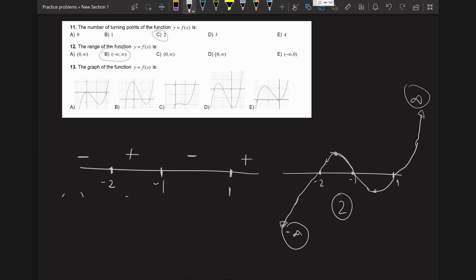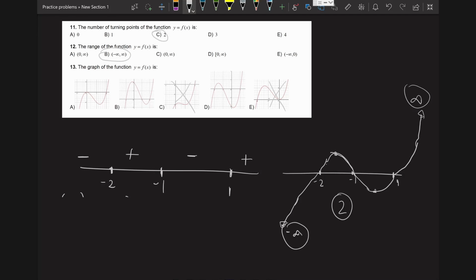And question 13, we already kind of solved it. And I'm just going to eliminate why some of these are wrong. So this one is wrong, E, because it's not hitting 0 at negative 1. So that can't be right. This one, it's only hitting 0 at 2, but it's not hitting the other zeros, and actually 2 is not even the right 0. It's negative 2, so that's wrong.